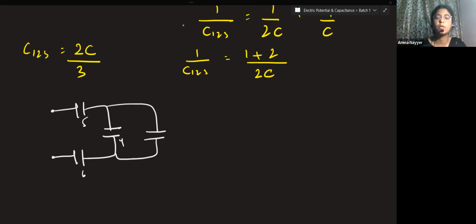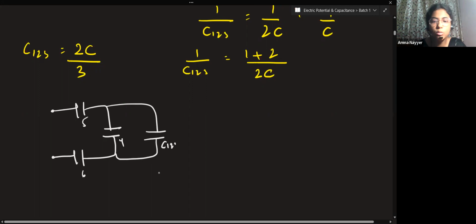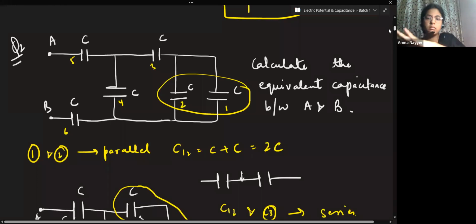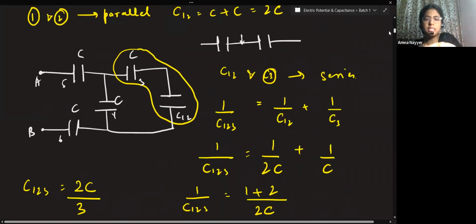So this will be C123. The whole C123 has been connected here. Why? Because C1 and C12 were there, we combined them into a single capacitor. Then with C3 it was coming out in series, so we combined it and made it a single capacitor.